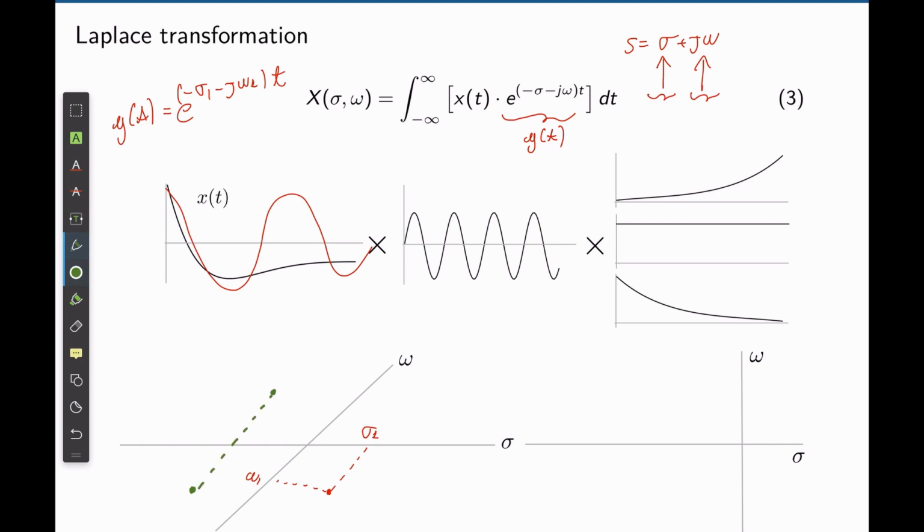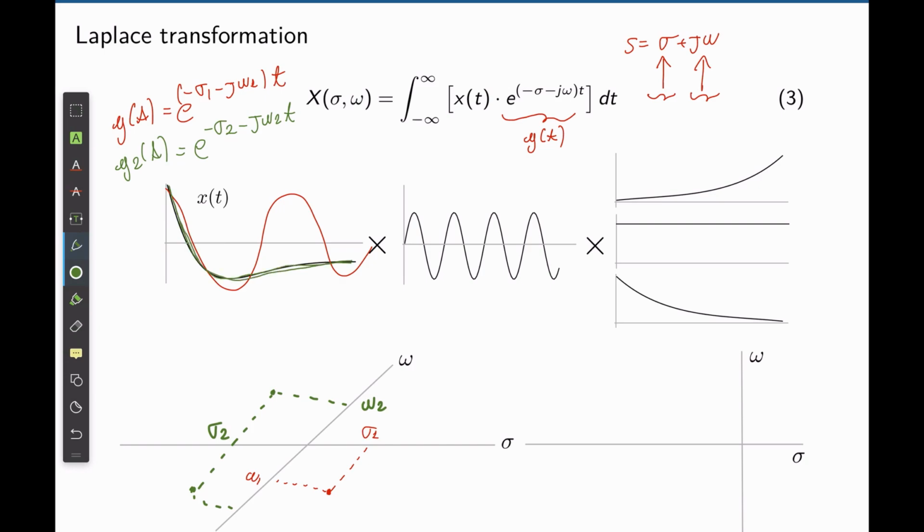Now let's assume that we picked these 2 points, and these 2 points have an omega 2 and a sigma 2. You now create y2 of t as the exponential of negative sigma 2 minus j omega 2 times t. And let's assume that at this specific point, the resulting function that we created is exactly the same as x of t.